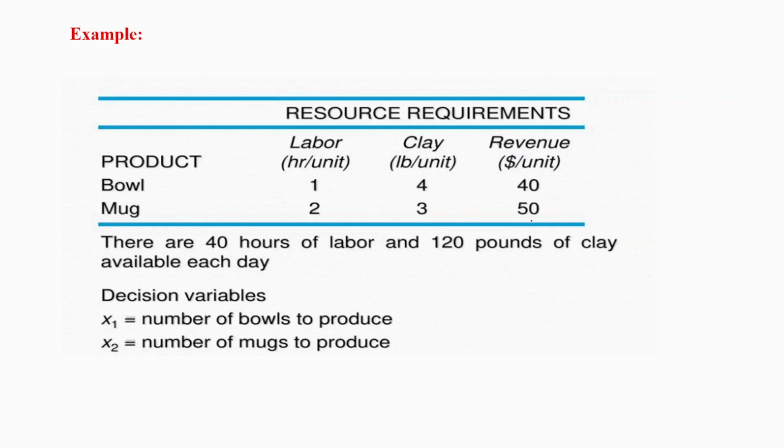I'll quickly write down the objective function: maximize z = 40 x1, where x1 is the number of bowls to produce, plus 50 x2, where x2 is the number of mugs to produce, subject to the constraints. Here we are talking about the labor constraint first.